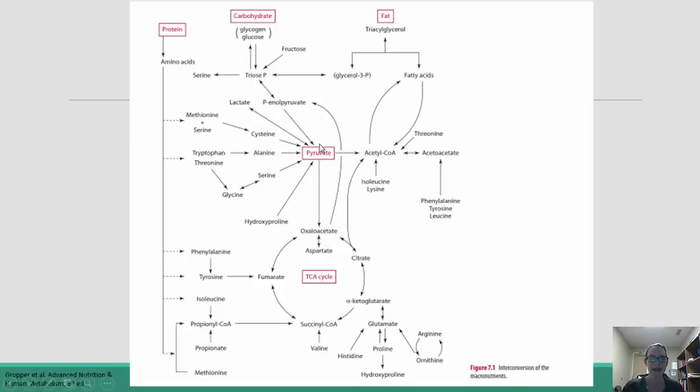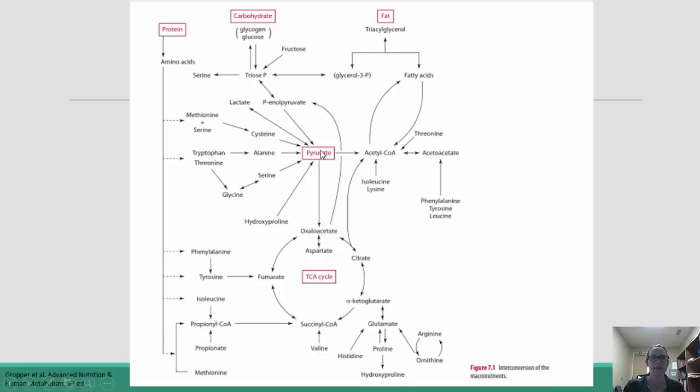Okay. Then the pyruvate can be used in the TCA cycle, and some of these intermediates can be used as alpha keto acids to produce non-essential amino acids. It's not really demonstrated well here.